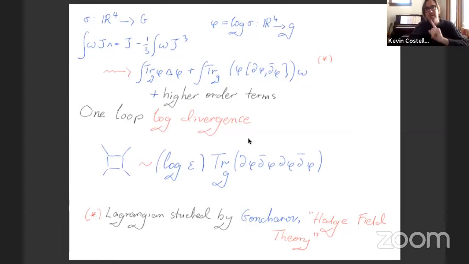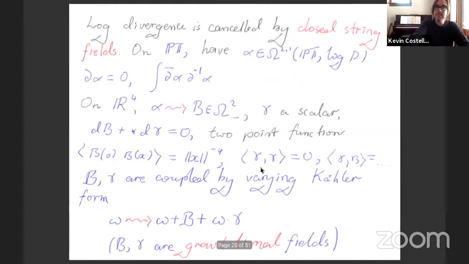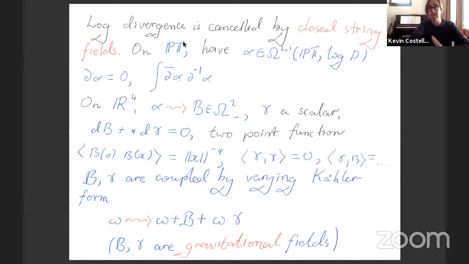Okay, so just the sigma model on G, it looks like it does not have this strange feature of a periodic orgy flow. But fortunately, this log divergence seems to be cancelled by some closed string fields, just like on twistor space, where the anomaly was cancelled. So there's a very similar mechanism, and the way it goes is as follows.